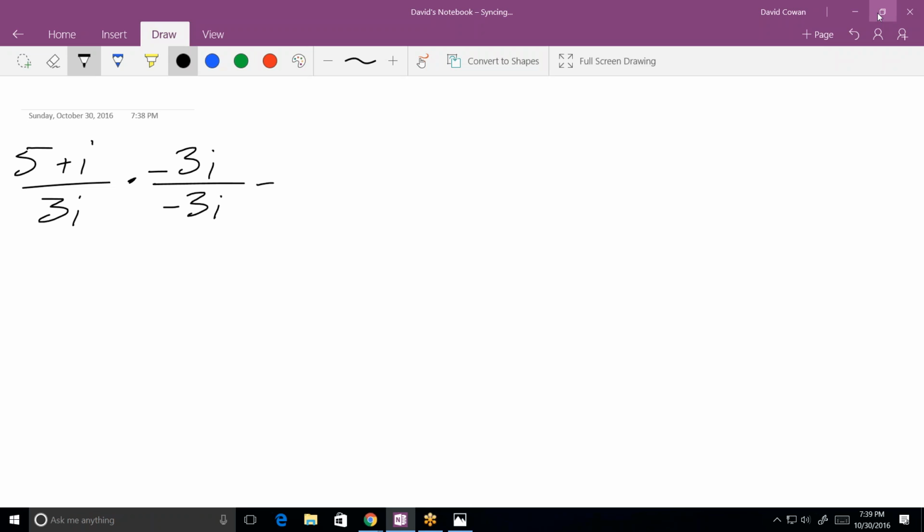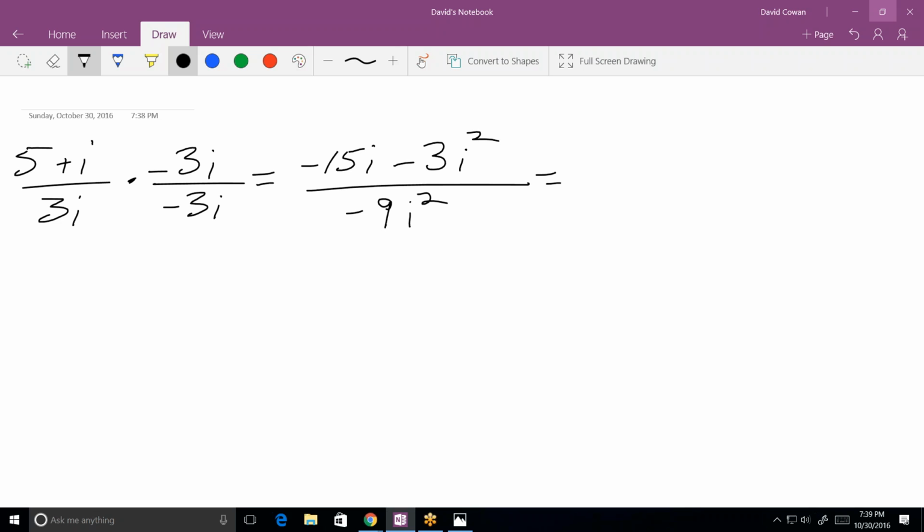And then you would multiply that, you would get -15i, and then minus 3i squared. And then on the bottom, it would be -9i squared. Okay. And then you would simplify the -3i squared and the -i squared.